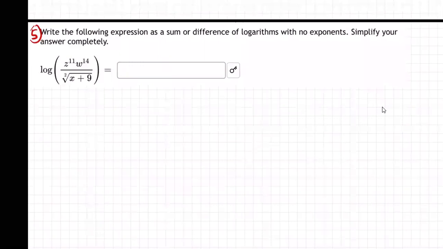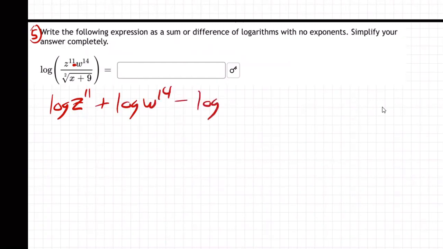So here we go. First thing is I'm going to break this into several. This is log of z to the 11th plus log of w to the 14th minus log of the square root of x plus 9. We good so far? So we just have multiplying on the top. This multiplying becomes adding, which is easier, right?